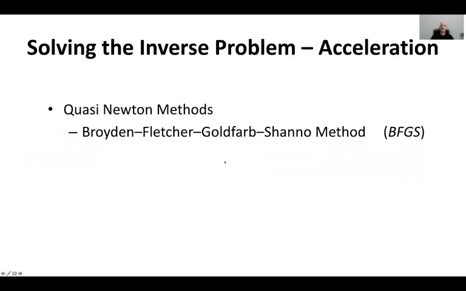So what can we do to accelerate solving inverse problems like this using the simulation derivative? One option would be to use quasi-Newton methods for acceleration, such as BFGS. That would arguably be the best known method among those.